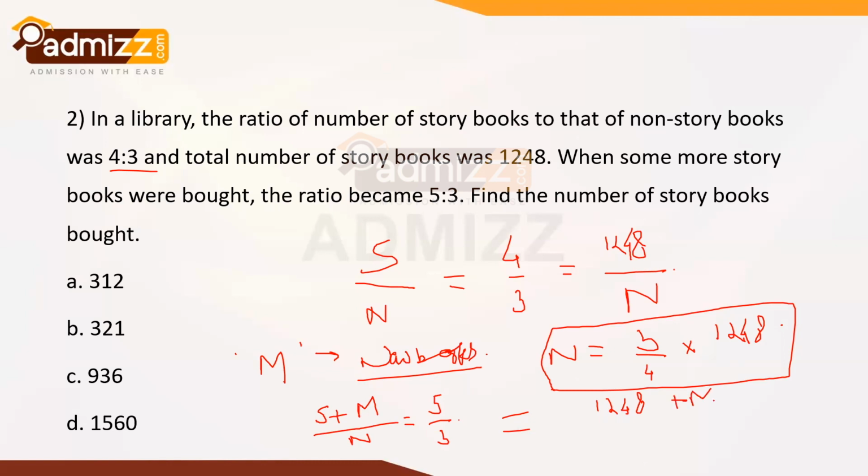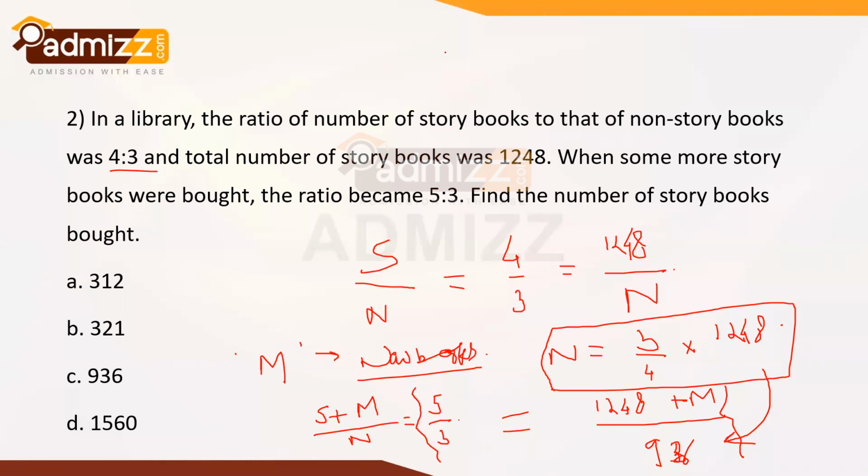Plus, and we've got M, which is the value that we had to find out. And we know that the value of N is 936, right? This is received after computing this particular thing, which we had calculated earlier. Now, with this said, we can simply cross multiply this particular ratio and this particular ratio and find out the answer.